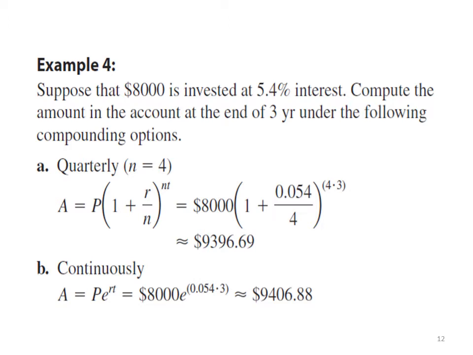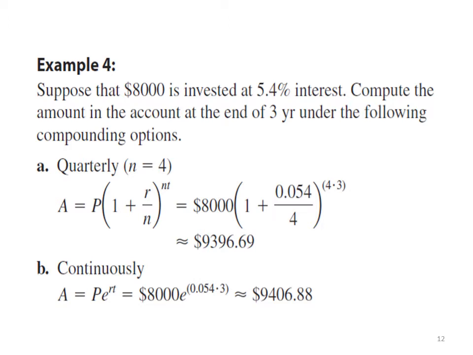If you plug this in your calculator, you should get $9,396.69. This is a future value, which includes the principal plus the interest. If you want to calculate just the interest, then take A and subtract 8,000. That will give you how much interest was gained in 3 years.